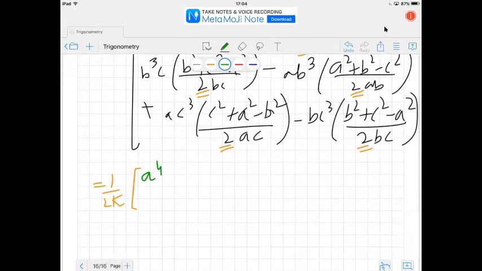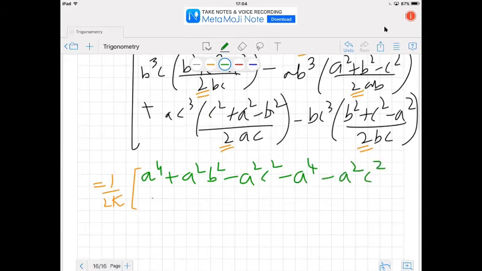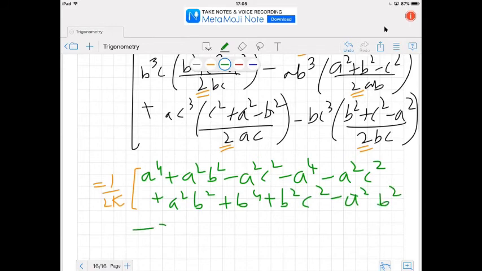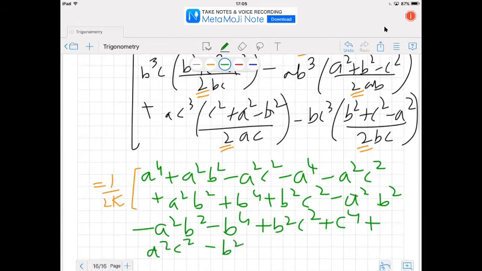You get a to the power 4 plus a square b square minus a square c square minus a to the power 4 minus a square c square plus a square b square plus b to the power 4 plus b square c square minus a square b square minus a square b square minus b to the power 4 plus b square c square plus c to the power 4 plus a square c square minus b square c square.